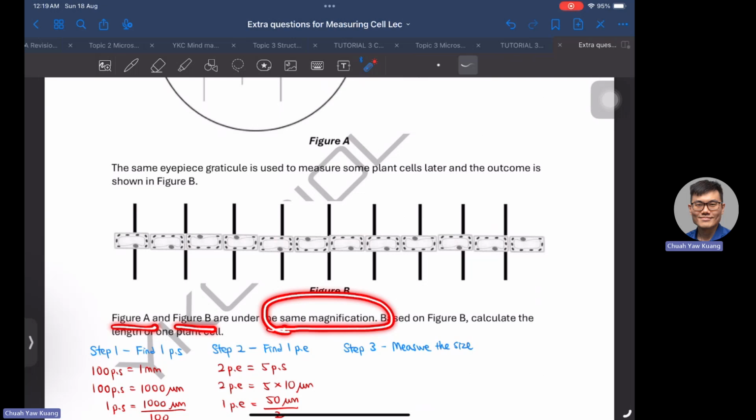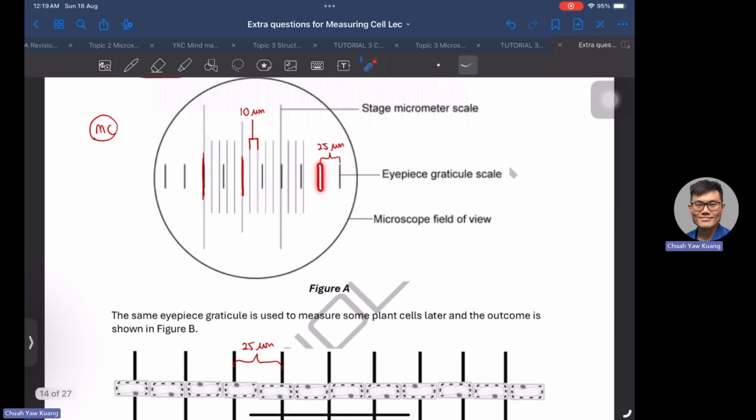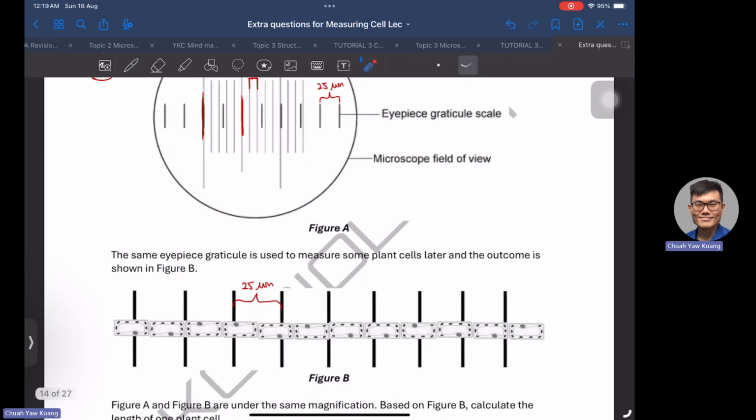So if they are under the same magnification, that means one pitch of the eyepiece reticule is 25 micrometer. It would be the same size, even though in figure B it looks larger. As you can see, figure A is smaller, but figure B seems larger.